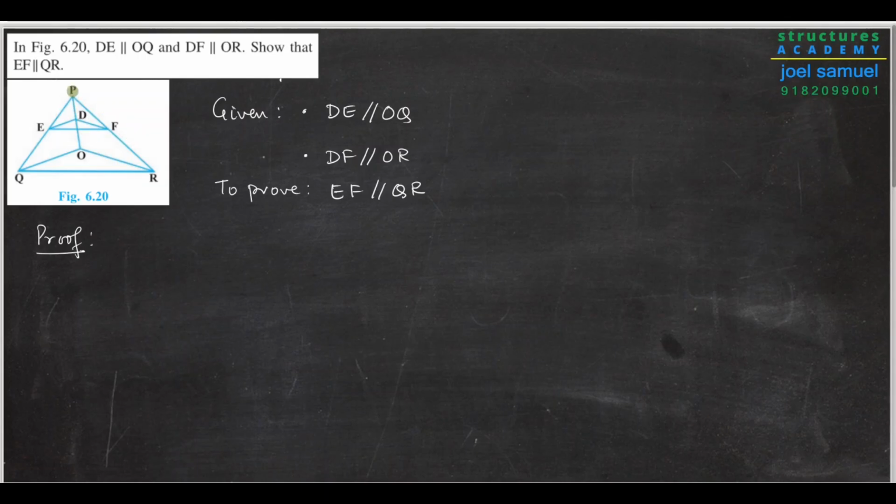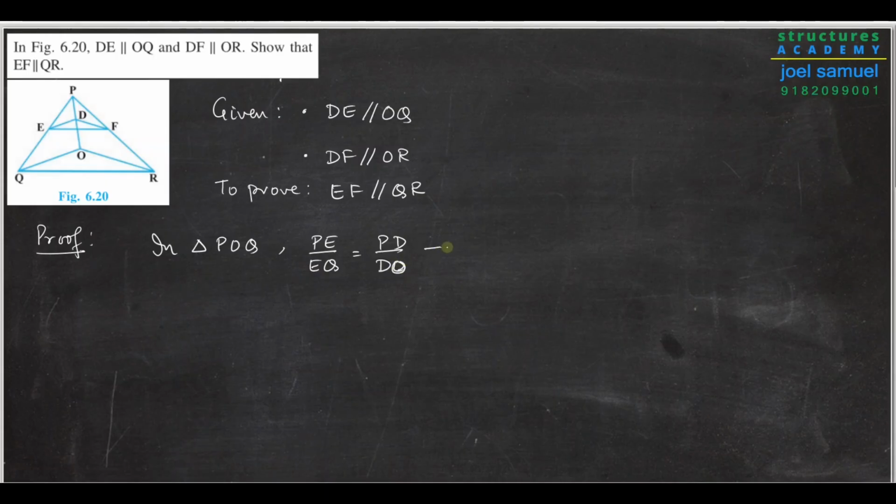Now by using the common ratio, which is PD by DO, we can argue that these two ratios are also equal, and by using the converse BPT, we can say that these two lines are parallel as part of this large triangle PQR.